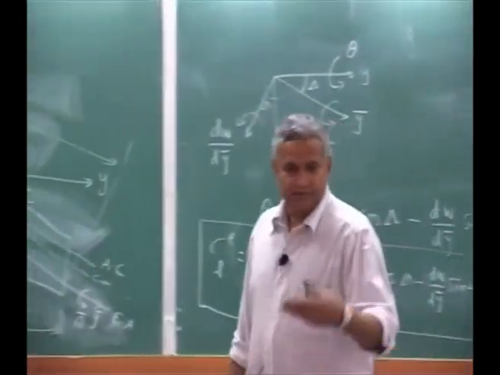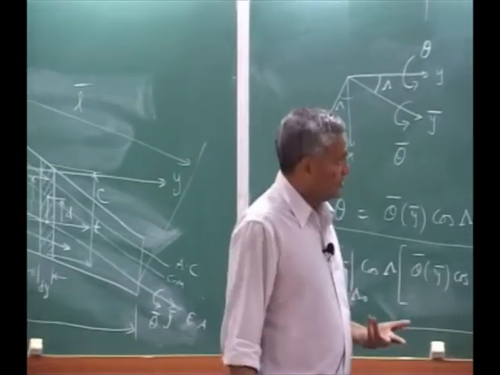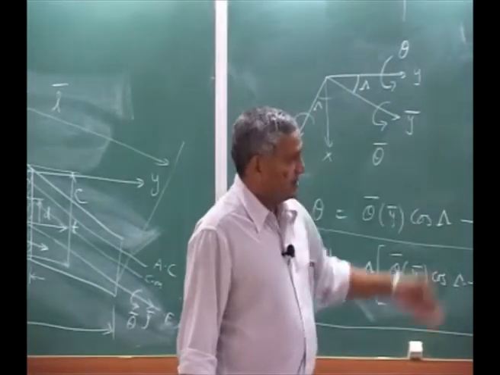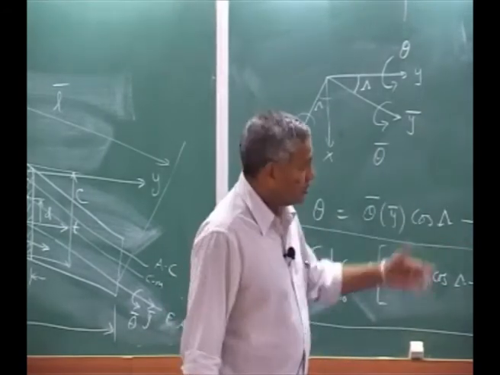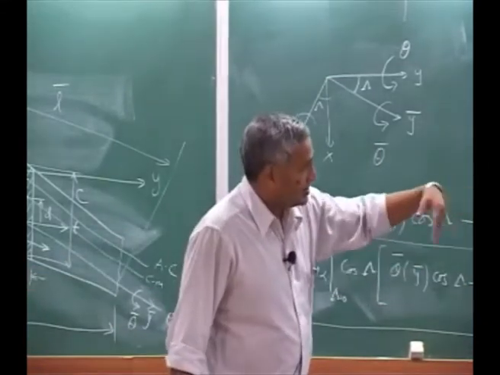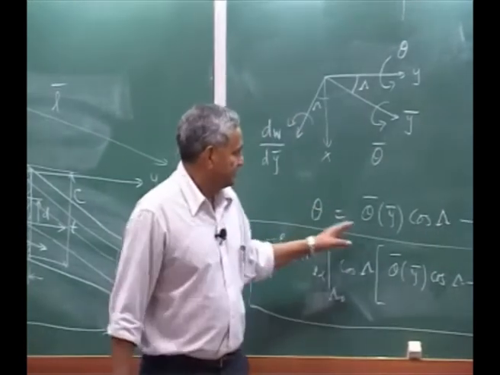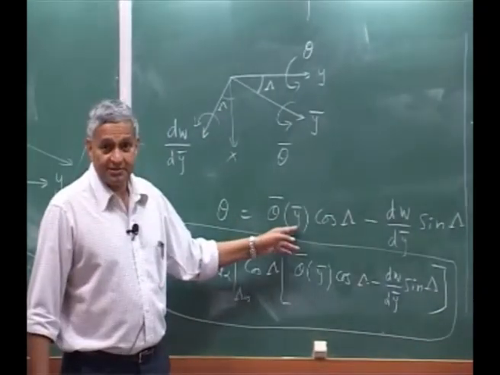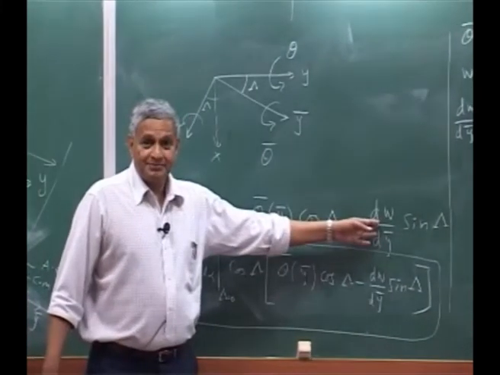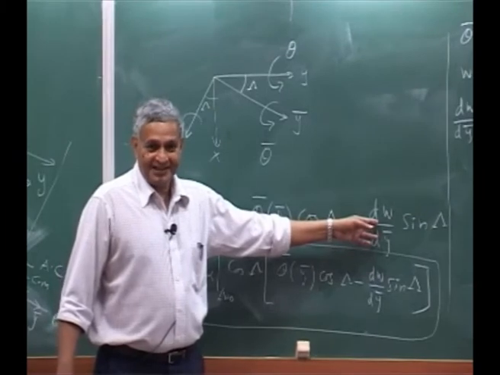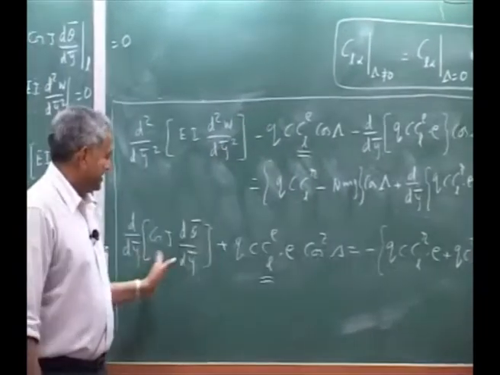And you start with zero sweep. If you put zero sweep, you will see immediately the bending will be decoupled from torsion. That is why when I put lambda 0 everywhere, you will find that theta becomes independent of W, and W will be different, theta will be different.